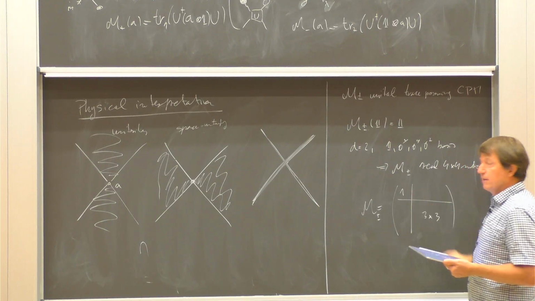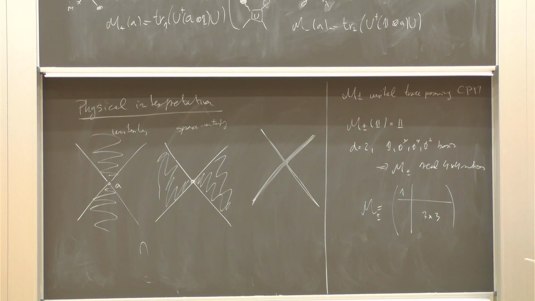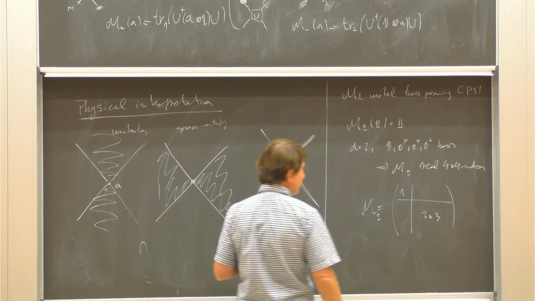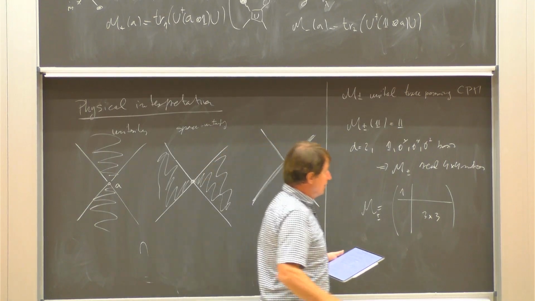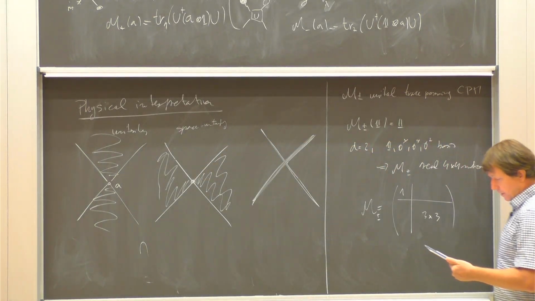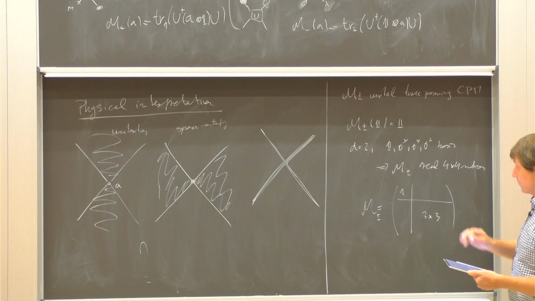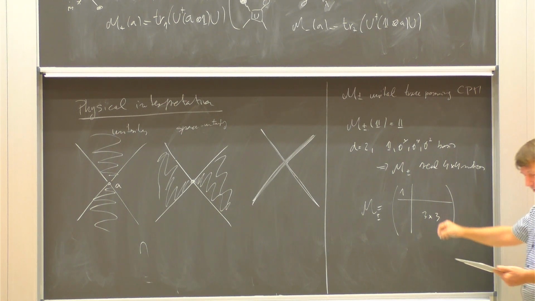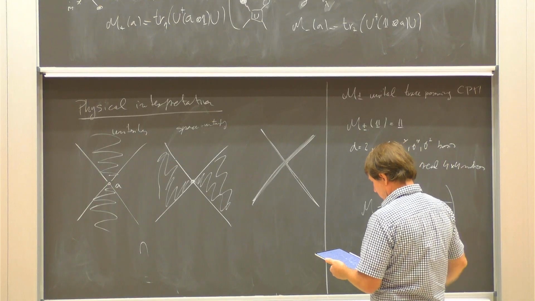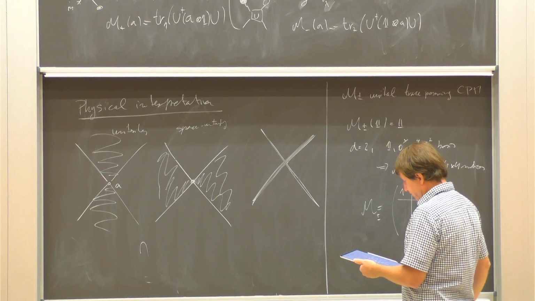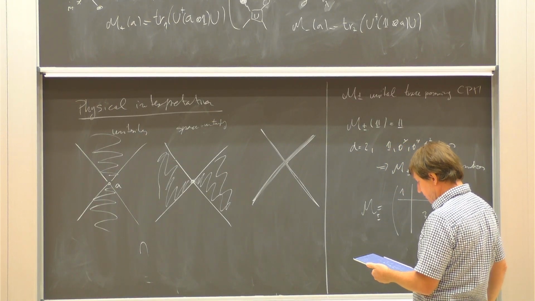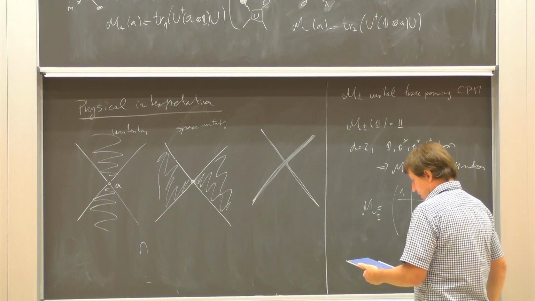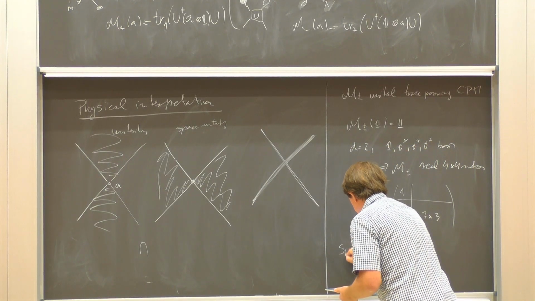So they don't couple identity to anything else. Identity is a left and right eigenvector: being a right eigenvector means it's unital, being a left eigenvector means it's trace preserving. So the only non-trivial part of M is in this 3 by 3 corner, and there are 3 other eigenvalues. I'm talking about d equal to 2, but for larger d it's just a bigger piece. This is finite dimensional linear algebra, so you can do it exactly, on the computer or even by pen and paper for d equal to 2. And so basically you have a spectral decomposition of this matrix.